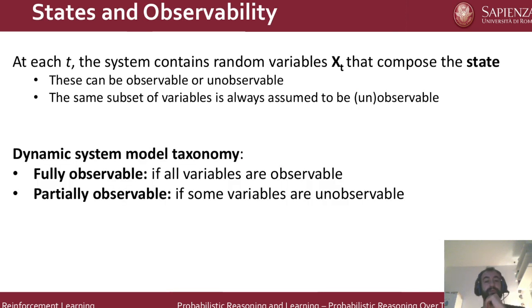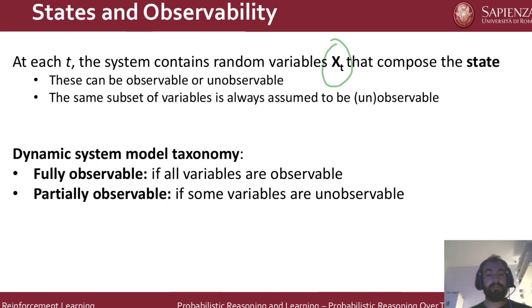Okay, let's move on. So, as I mentioned, at each time step t, the system has some random variables x_t that compose the state. So this can be one single random variable, or it can be composed by a set of multiple random variables.